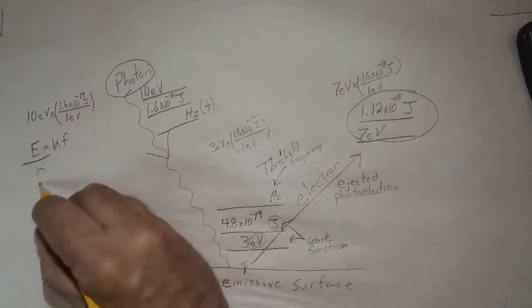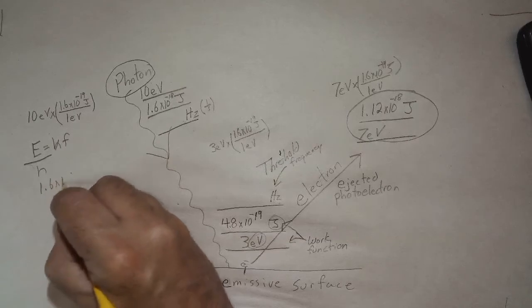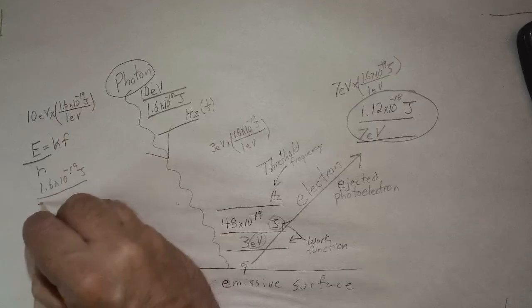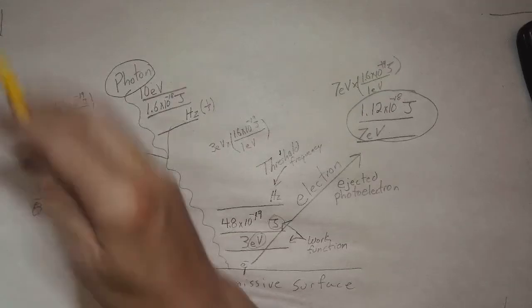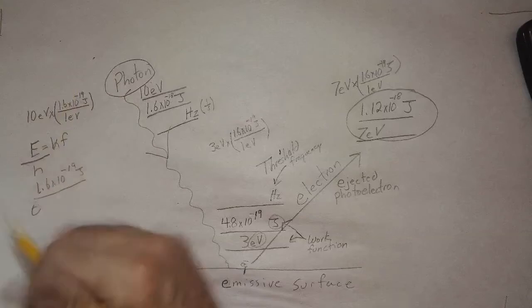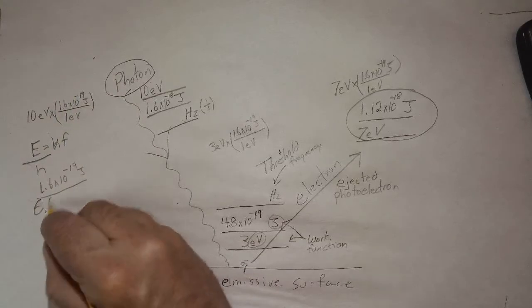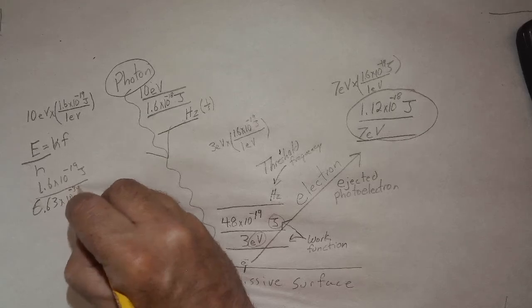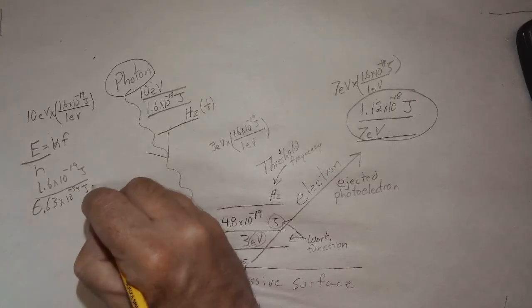So the energy is 1.6 times 10 to the minus 19th joules divided by 6.63 times 10 to the minus 34th joule seconds.